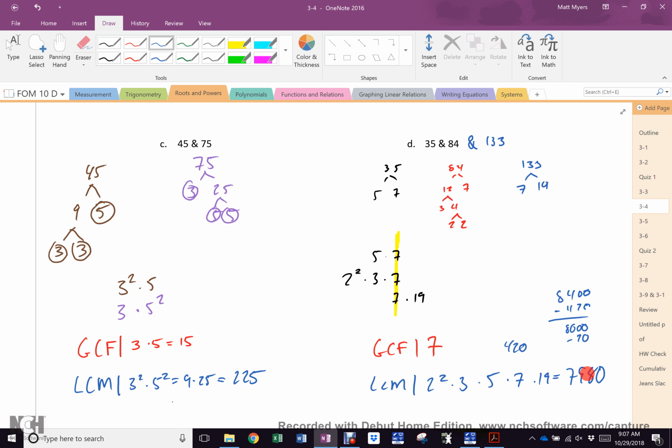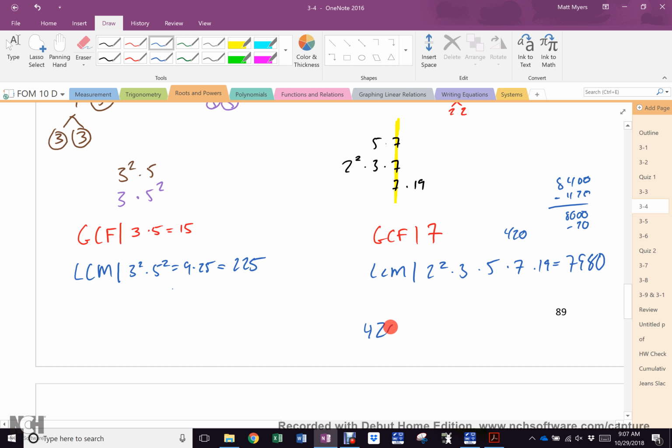You can do any kind of multiplying you want. Some people like to multiply big numbers this way. 420 times 19, they like to do this. 420 and 0. And then down here, they like to go 10 and 9. 400 times 10 is easy. That's 4,000, right? 400 times 9 is easy.